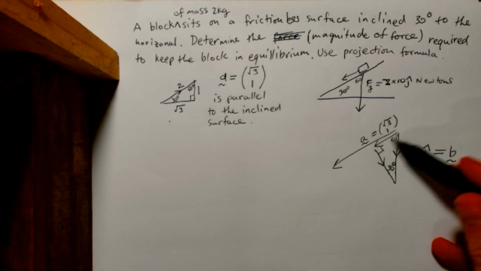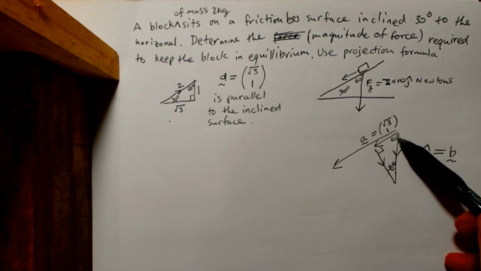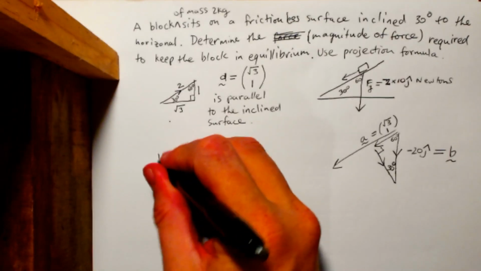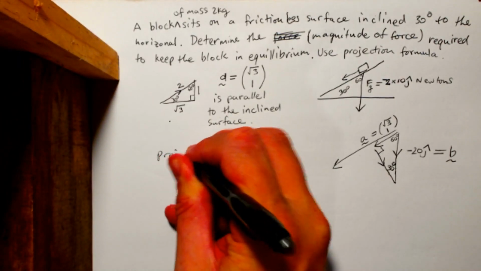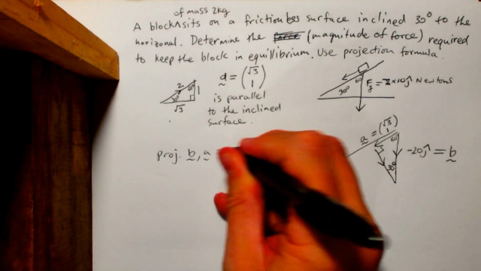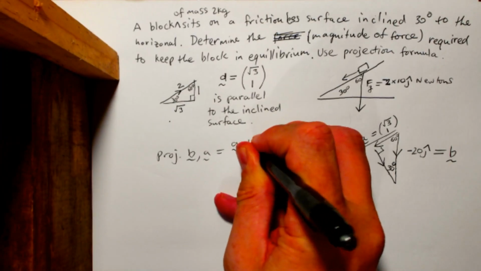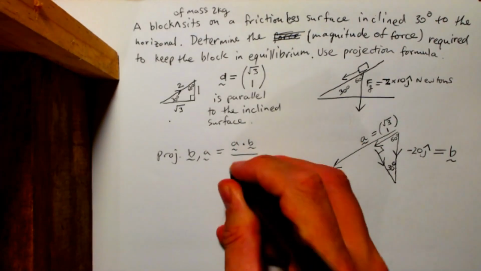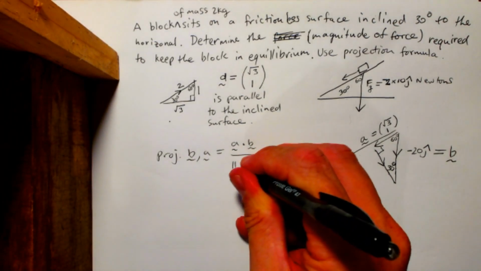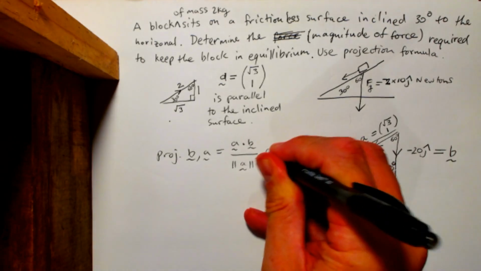It will give us the vector that we're after. So let's use the projection formula. The projection of B onto A is equal to A dot B over the norm of A squared times the vector A.